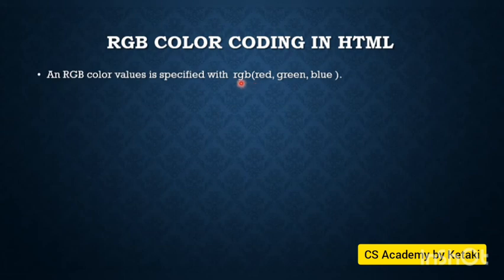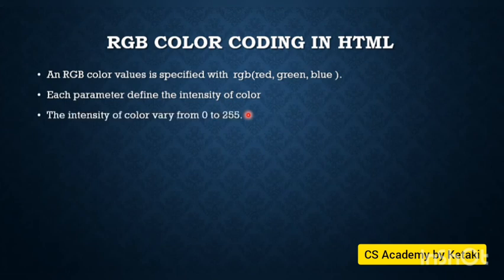We have to set the amount of red, the amount of green, and the amount of blue. Each parameter defines the intensity of the color. There are three parameters used in the RGB property.